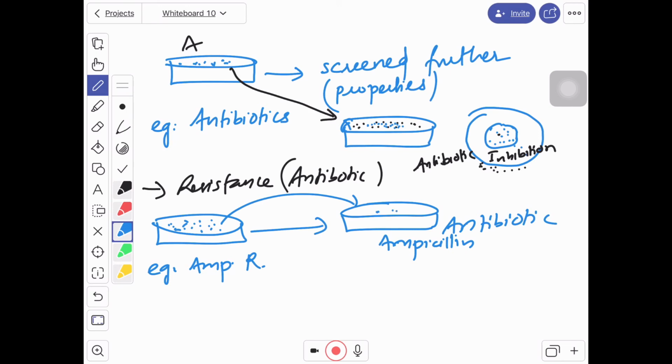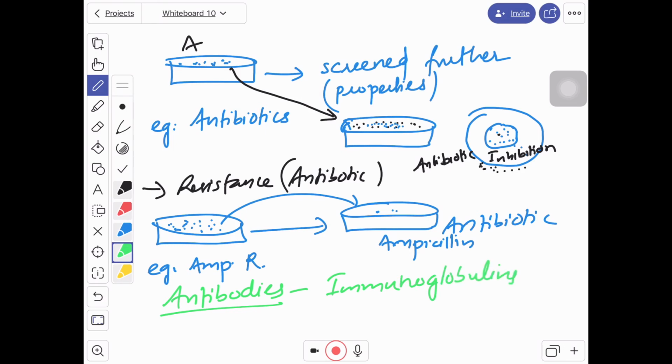We can also screen the organism by using antibodies or immunoglobulins. Different colonies can be detected by using immunoglobulins. Immunoglobulin will specifically bind to a particular colony, and thus we can identify our strain. Molecular biology has made available a variety of probes, and these probes can also be used for detection of organisms producing specific products. Now we have various probes.